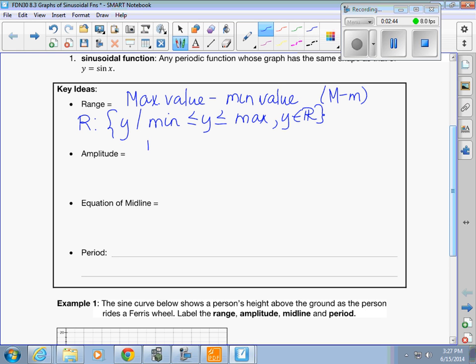Amplitude then is that maximum minus minimum divided by 2. Your equation of the midline is similar to this, but it's maximum value plus your minimum value divided by 2. And again, it's an absolute value, because you're measuring distance.